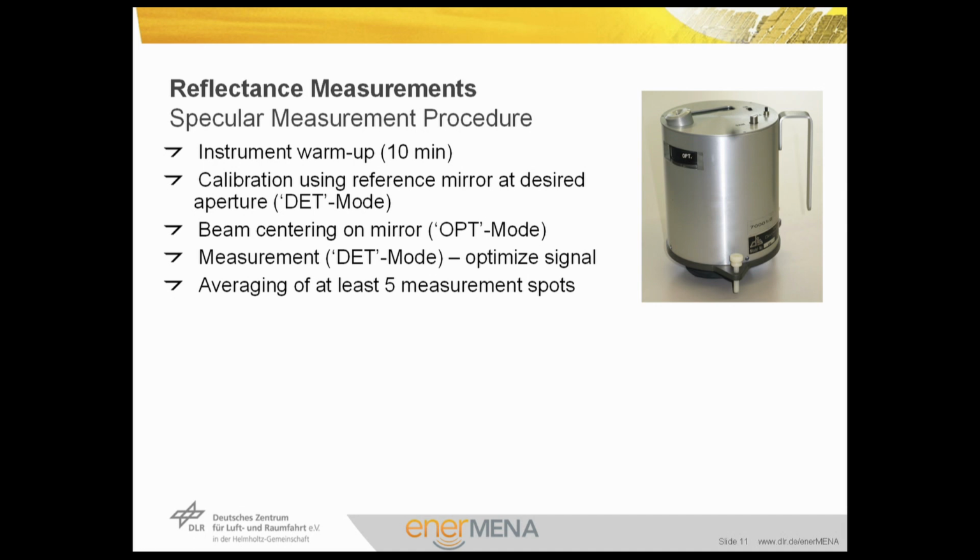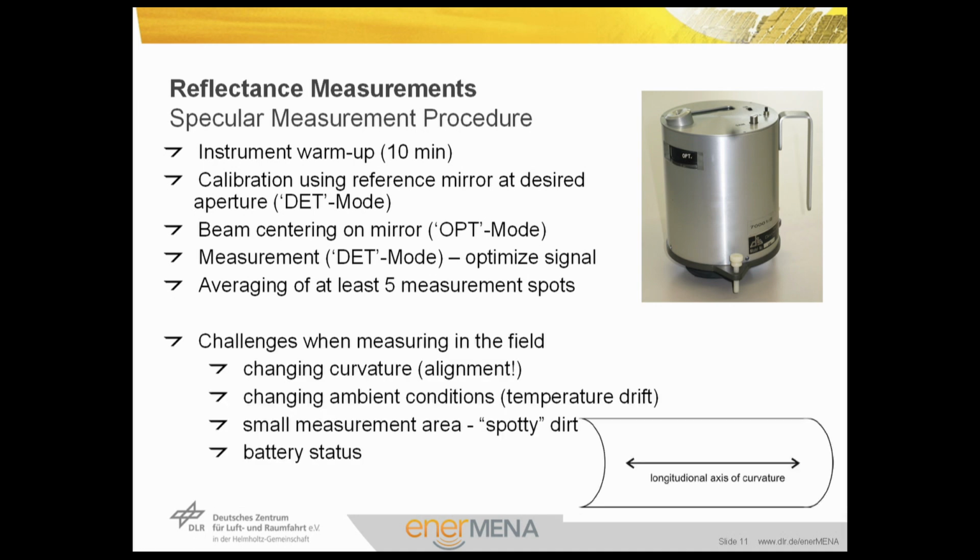When measuring in the field, there are some challenges. For example, the curvature of a parabolic collector mirror can lead to problems in the alignment. For this particular instrument, it is important to have the display always aligned horizontally to the longitudinal axis of curvature, so that the plane of the reflectance measurement is parallel to this axis also.